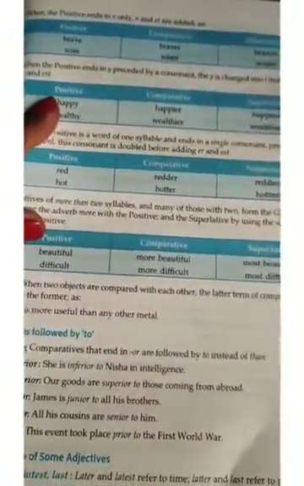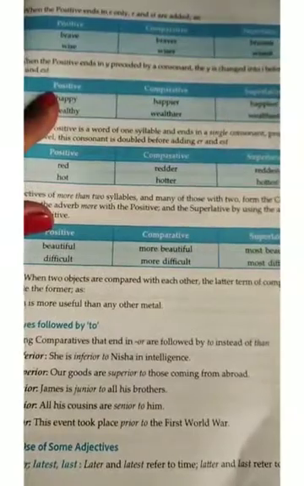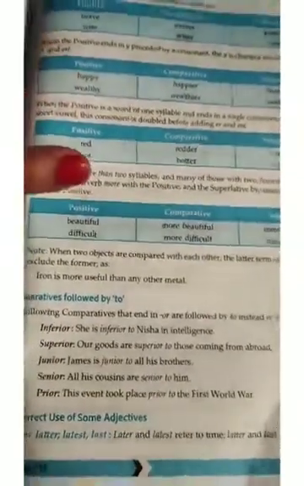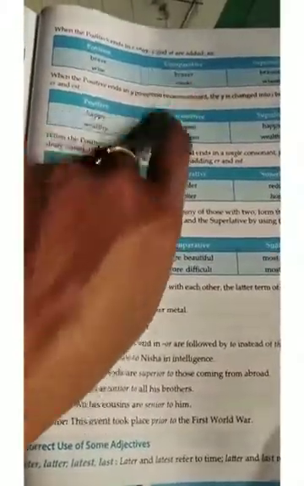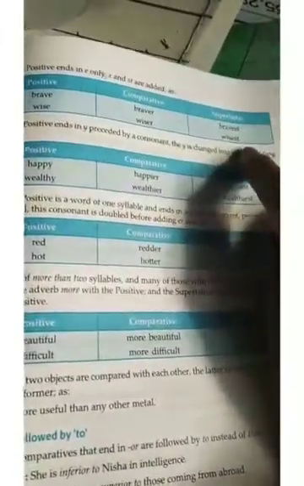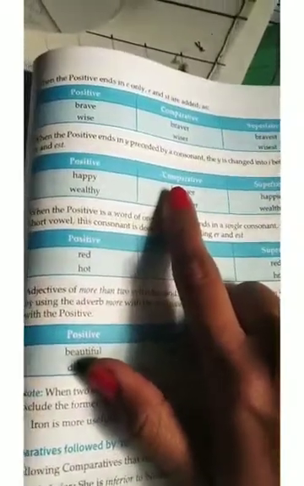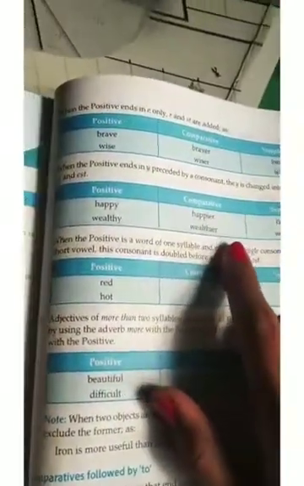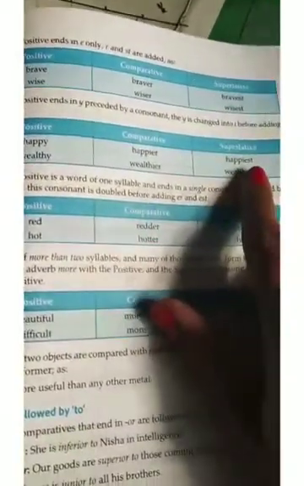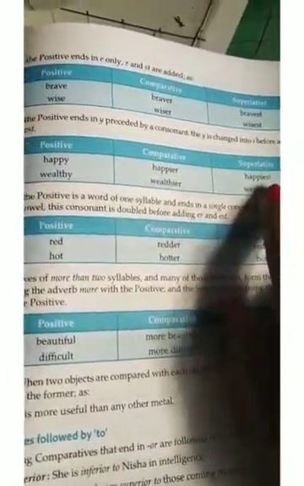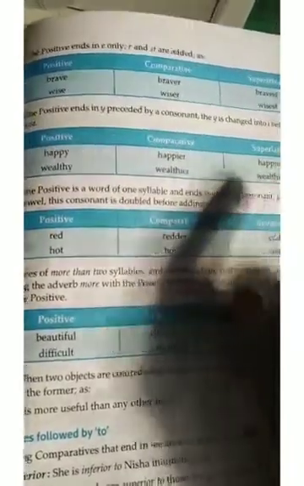Some adjectives end with E, so we need to add R only, and in the superlative, ST, like brave, braver, wise, wiser. And here it is wisest and bravest. The adjectives ending with Y preceded by a consonant take IER, that is happy, happier, and in the superlative IEST, happiest.